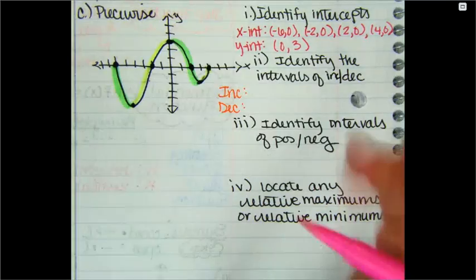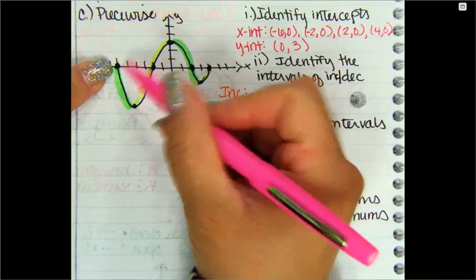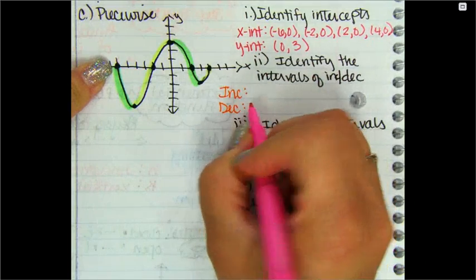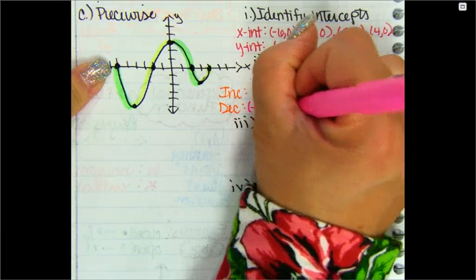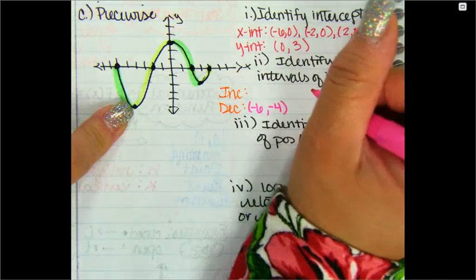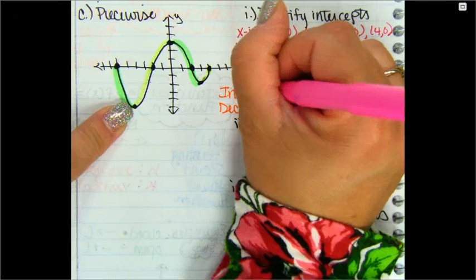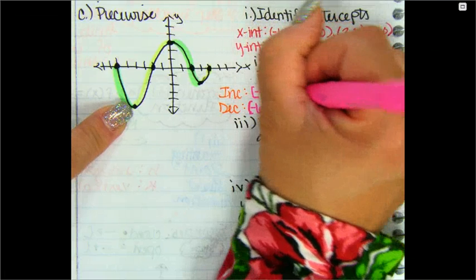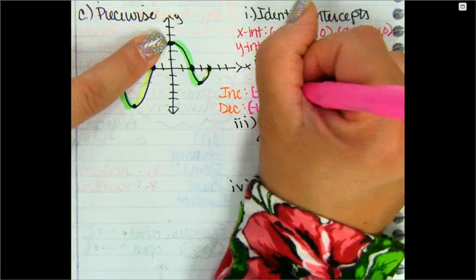All right, let's do this. Is this increase or decrease, you just said? Decrease from where to where? -6 to? -4. Then we go from where? Increase from where to where? -4 to? 0.